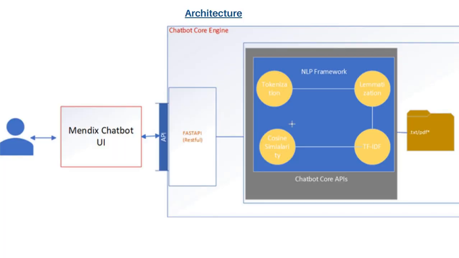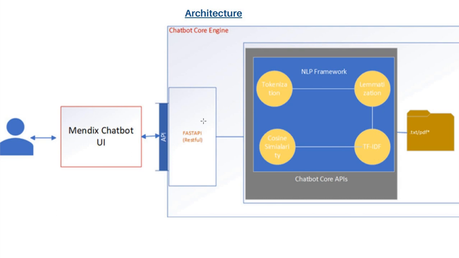Here is the architecture. We have the chatbot core engine built using NLP, natural language processing, and the process internally has various stages like tokenization, lemmatization, TF-IDF vectorization, cosine similarity, which I will explain in later slides. The process is exposed as an API using the FastAPI web framework in Python.